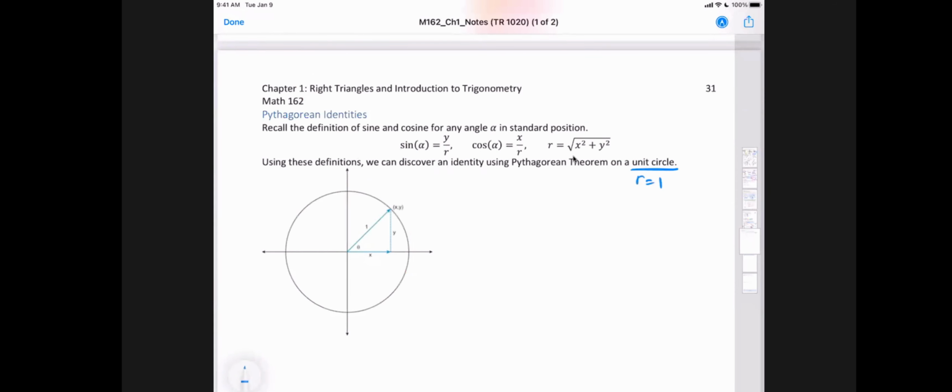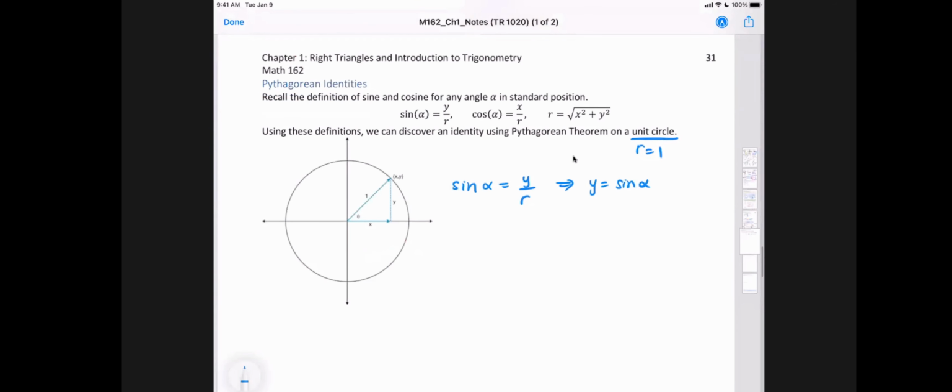And so, in these definitions, sine of alpha is y divided by r. Since r is 1, then y is equal to sine of alpha, and that's why the y coordinate is sine on the unit circle. Cosine of alpha is x divided by r. So x comes out to be cosine of alpha since r is 1.